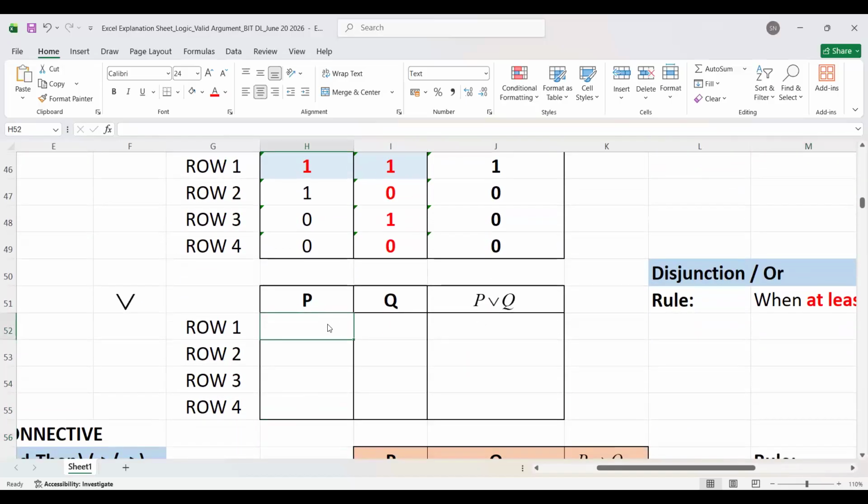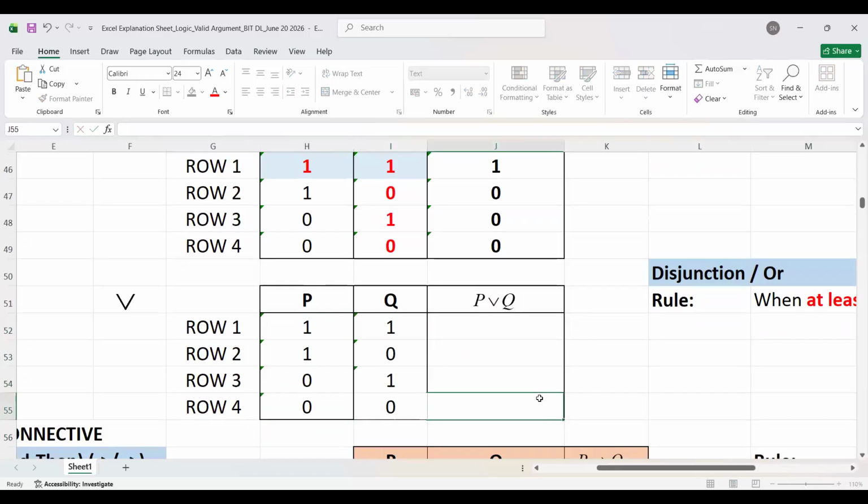So again, let's look at the table. 1, 1, 0, 0, followed by 1, 0, 1, and then 0. Now, which row do you have at least one of the two statements being true? Row 2 and row 3. Is that all?